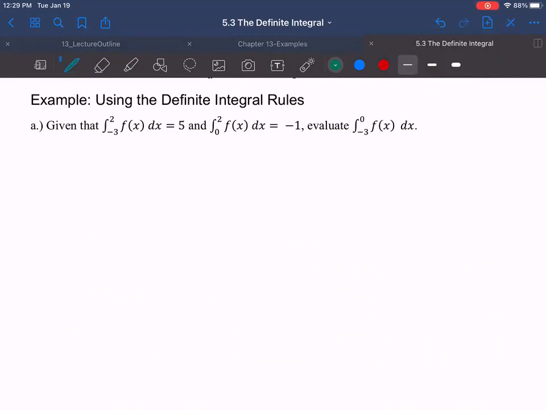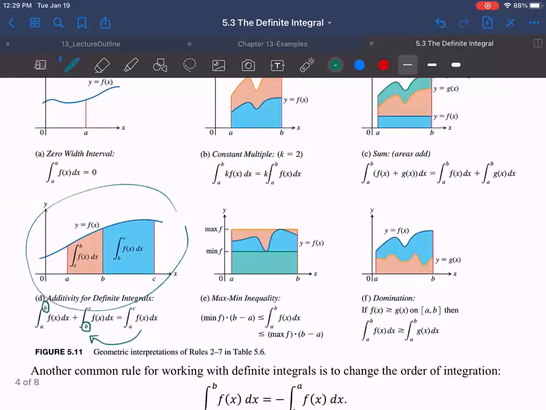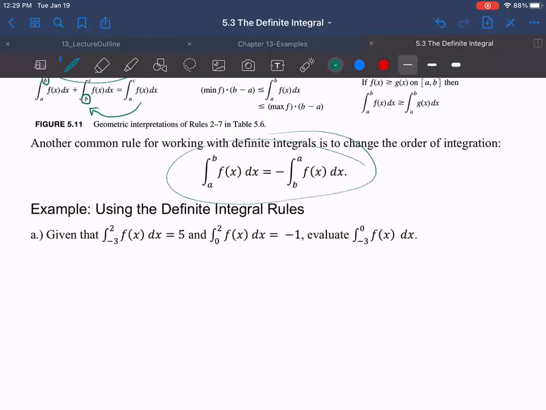In fact, we can use the rule where we combine them like this, and we can also use the rule where we flip-flop them. So what I can do is take this one right here and make that 2 to 0 of f of x dx equals what? 1. Okay, there we go. So now we have that.